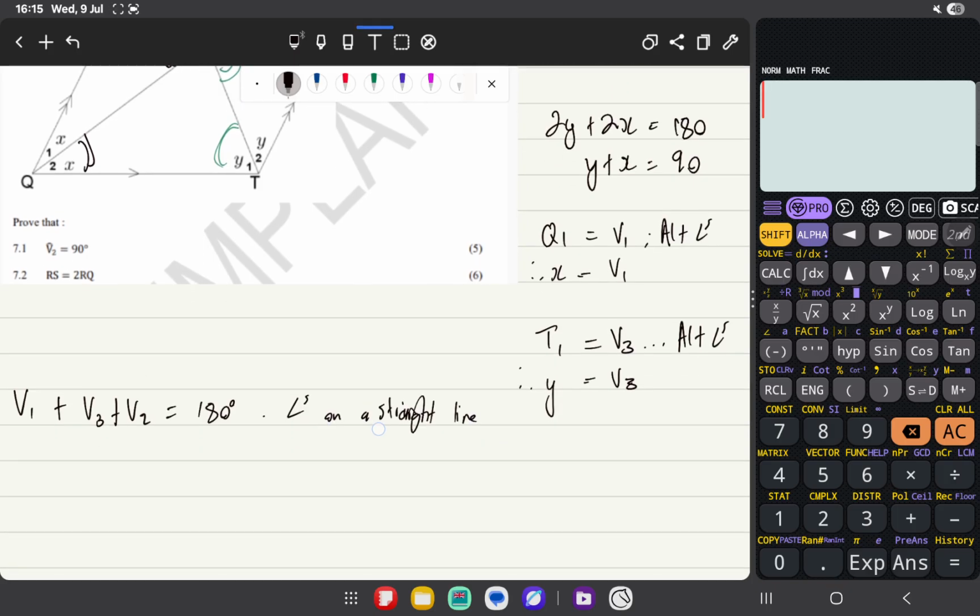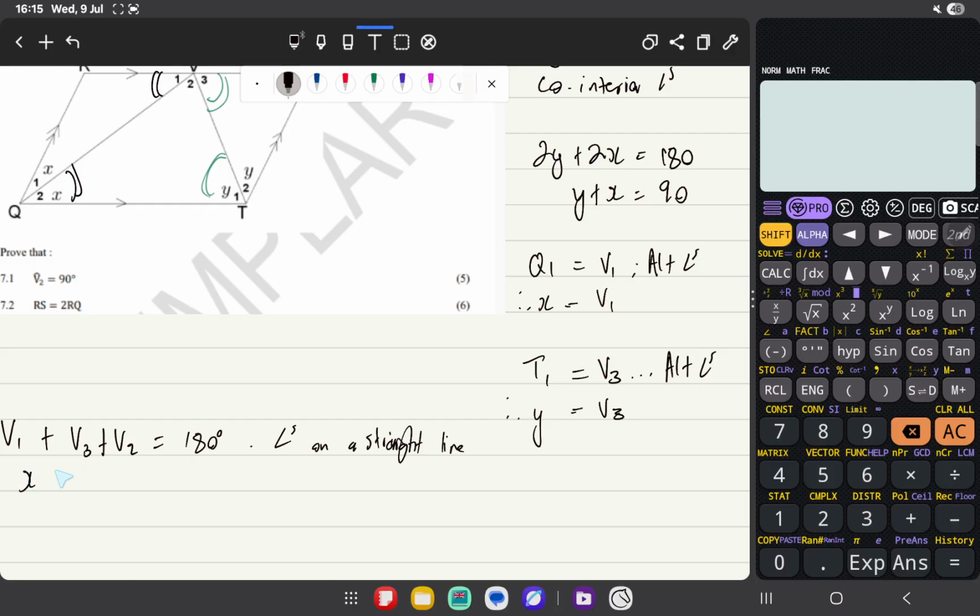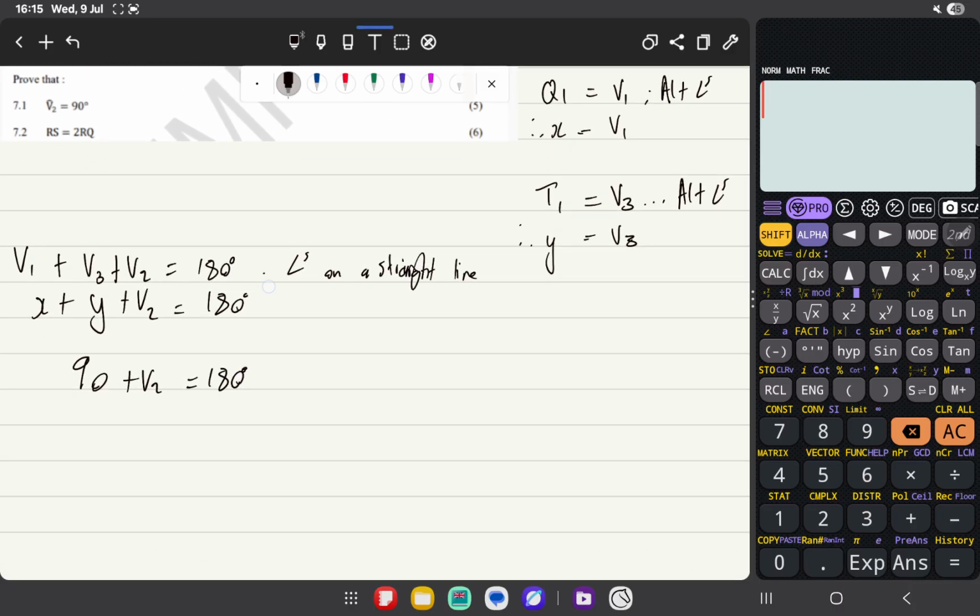V1 we said is x, V3 we said is y, and these two we have shown are 90 degrees, plus V2 equals 180, and then V2 equals 180 minus 90 degrees equals 90 degrees, and just like that, you are done.